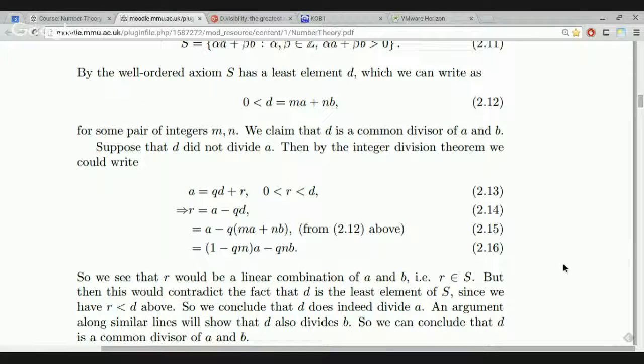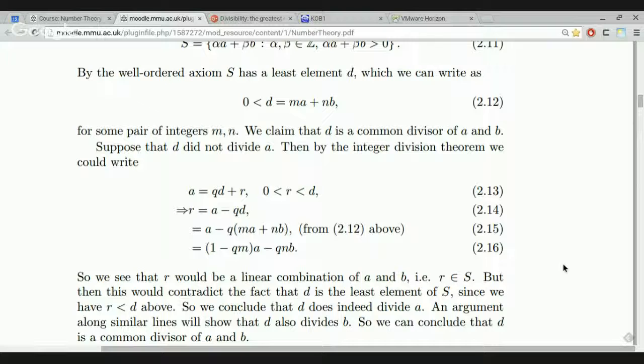And you could write A as a certain number of D's plus a remainder, but crucially now the remainder is strictly between 0 and D. So we're supposing that D does not divide A, so you get a non-zero remainder. D does not divide into A evenly. There's a bit left over, and this bit is r.